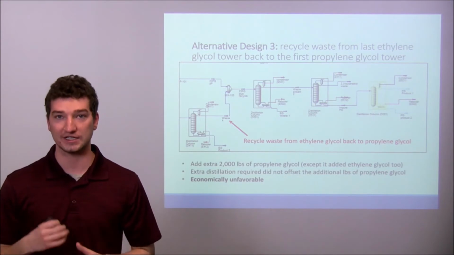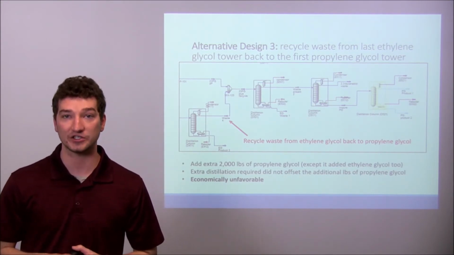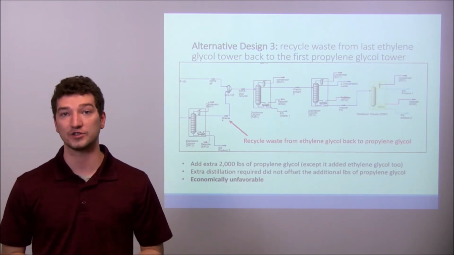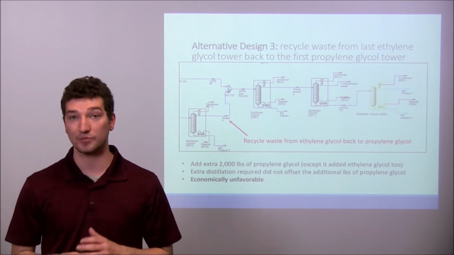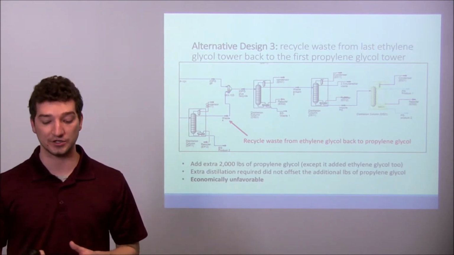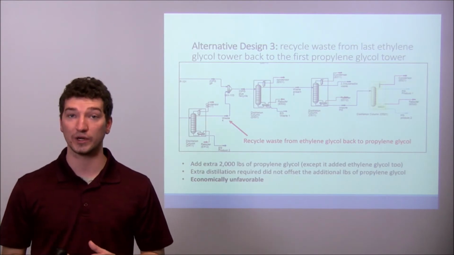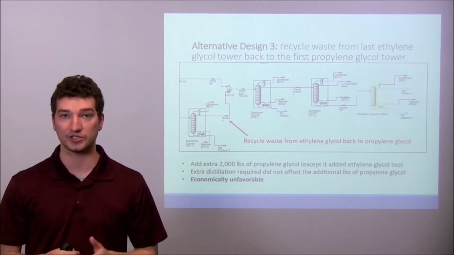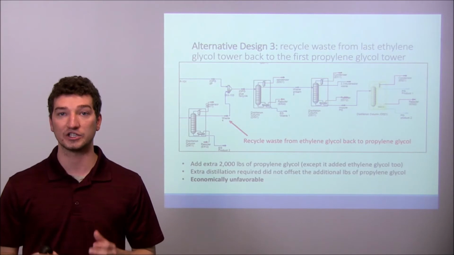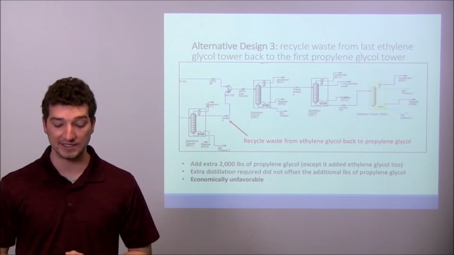Unfortunately this introduced a problem such that the 3 components in that stream were now ethylene glycol, 2,3-butane diol, and propylene glycol. And our propylene glycol product that we were trying to increase yield was actually located in the middle in terms of boiling point. So that introduced the problem of achieving the 99.5% purity that we need to sell.